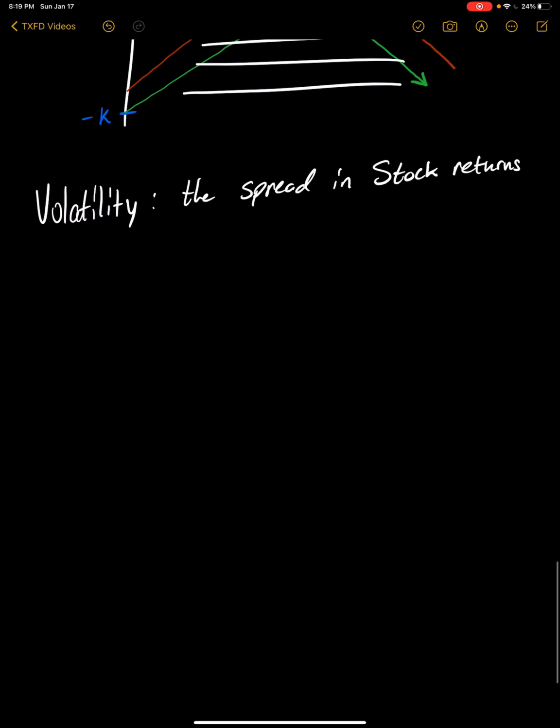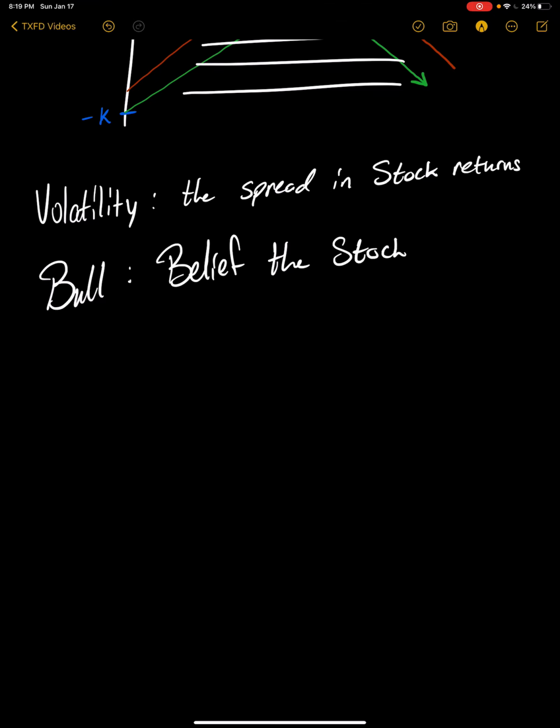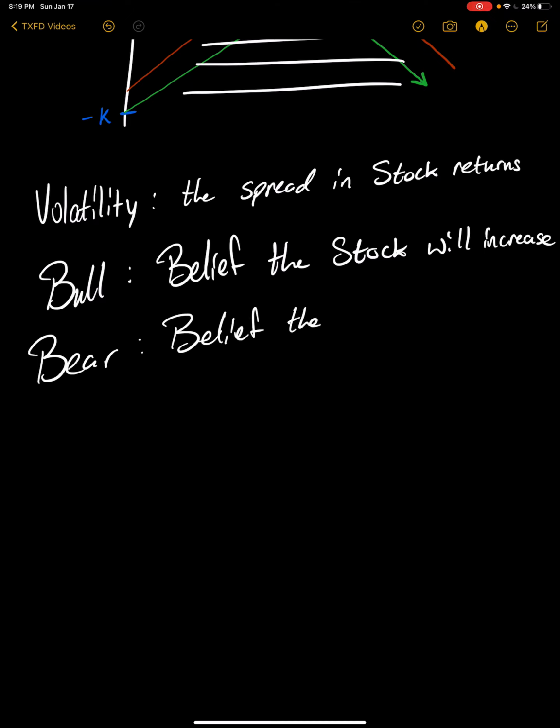So in summary, the bull strategy is when you have a belief the stock will increase, that your model has predicted that the stock will increase, or you have some other reason to believe that the stock will increase. The bear is the belief the stock will decrease.